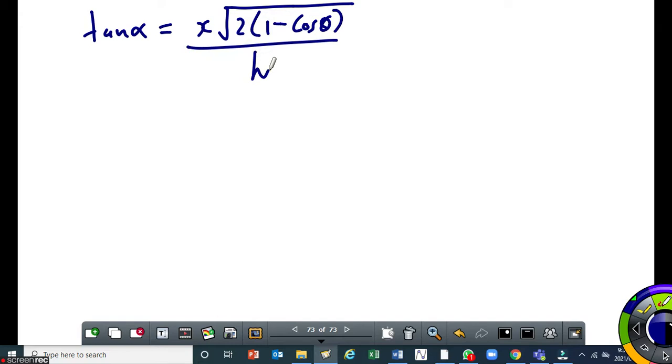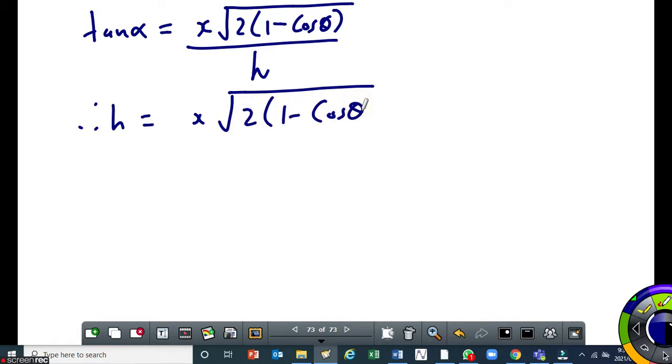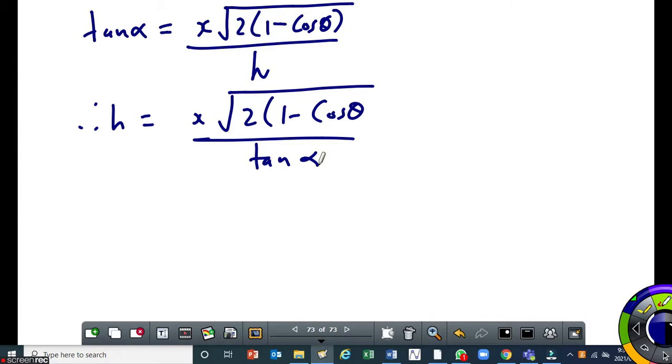See, that is easy. And then you swap those two. You don't need to do any cross multiplication. Then you say, therefore, h is equal to x times the square root of 2 times 1 minus cos theta, all over tan alpha. Okay, and then you're done.